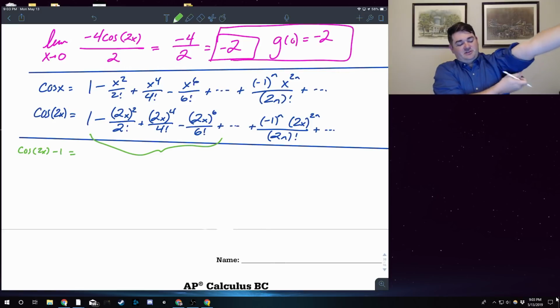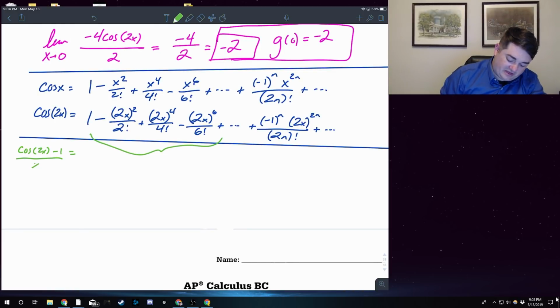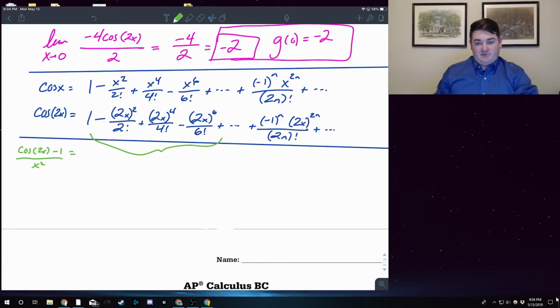Now then, the Taylor series, you need to memorize e to the x, sine x, cosine x, and then bonus, I want you to memorize 1 over 1 minus x. And so then, when you divide that by x squared, it just means every term is going to be divided by x squared.